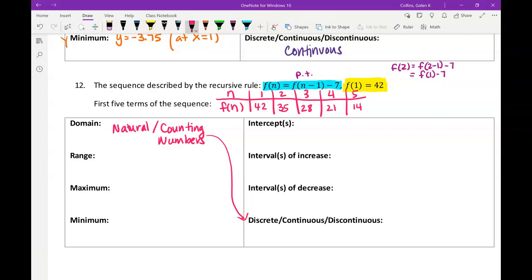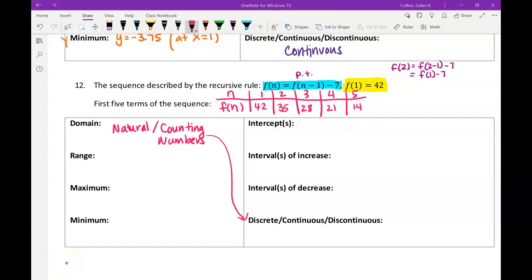All right, my range of values, if I look at my outputs, the greatest number in my range is the number 42, and as I go on, I'm always subtracting 7, and so I know that my maximum value is the number 42.